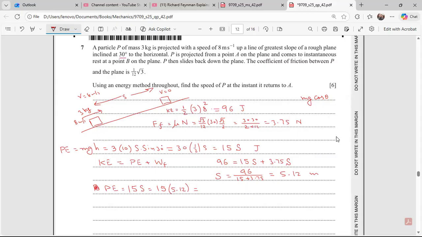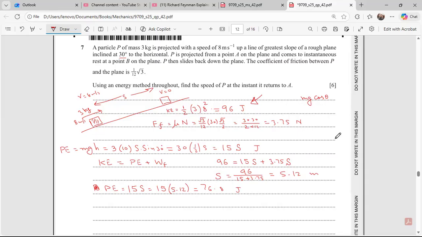So this is 76.8. You see, in the beginning, it has kinetic energy of 96 joule. But the minute it reached the maximum height, it has only 76.8, much less than 96. Rest is wasted in the friction.